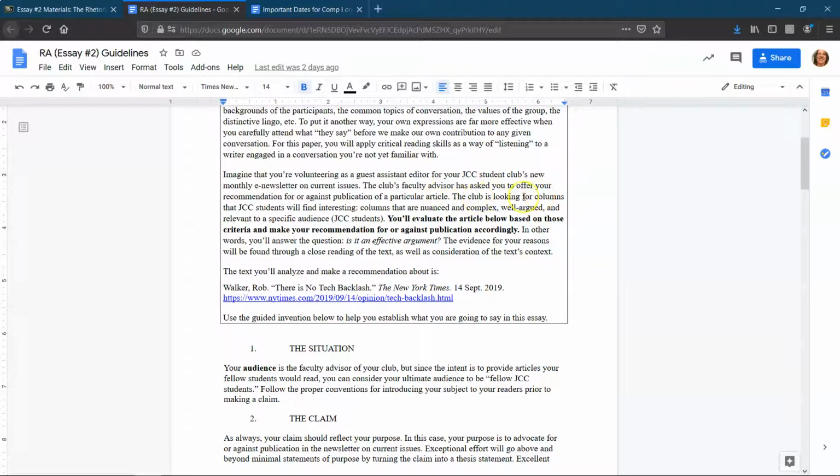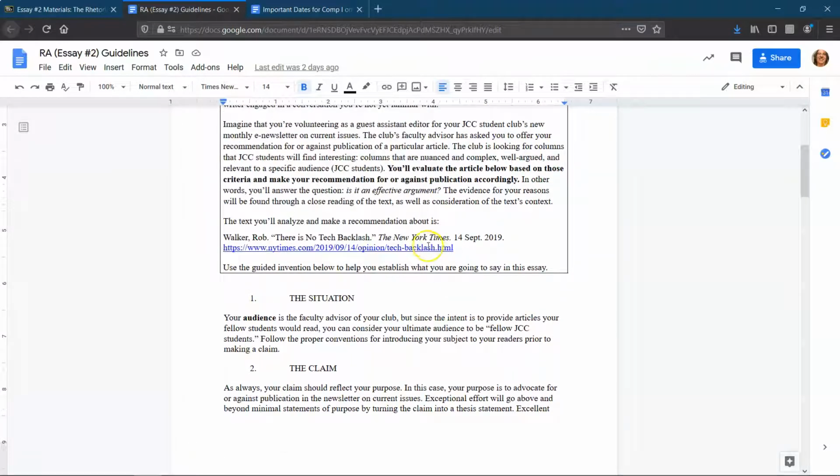The club is looking for columns that JCC students will find interesting, columns that are nuanced, complex, well-argued, and relevant to a specific audience. You will evaluate the article below based on these criteria to make your recommendation for or against publication accordingly. So in other words, you'll be answering, is it an effective argument? The evidence for your reasons will be found through a close reading of the text as well as consideration of the text context.